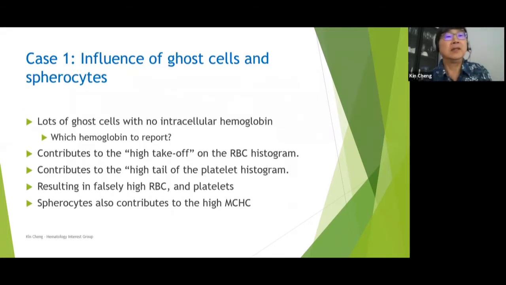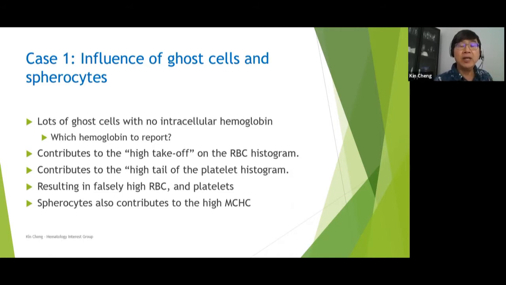So ghost cells we recognize. We also recognize them on the histogram. Remember, the red count and the platelet share the same channel. The white count and the hemoglobin share another channel.